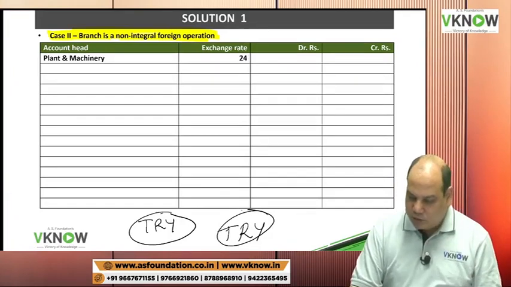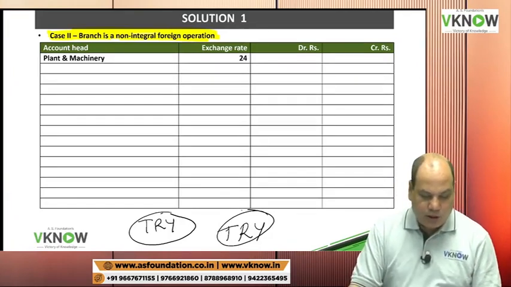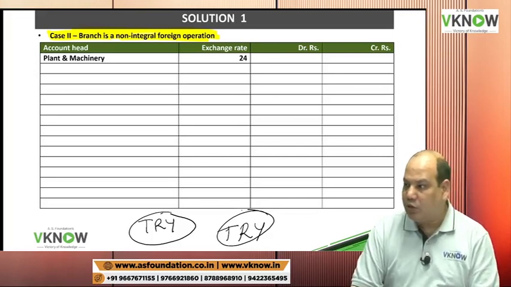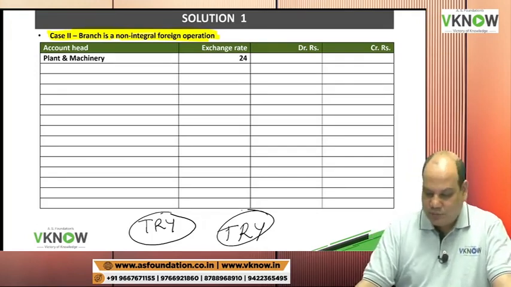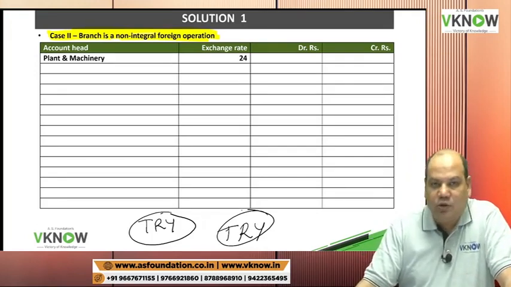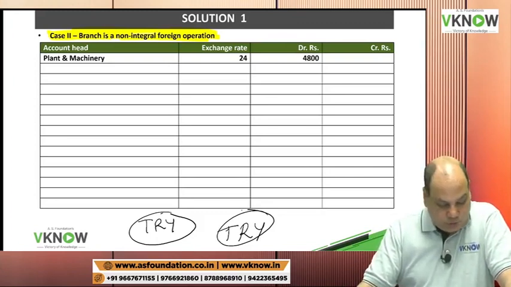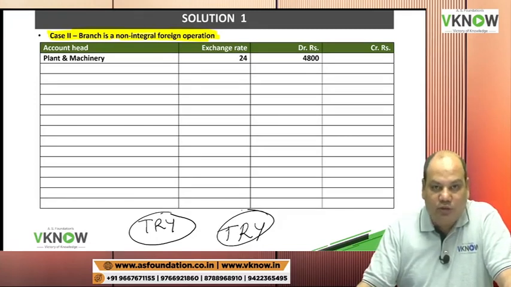So now what we'll do, this plant and machinery will also be valued at closing rate. So you will take 200 into 24 now. It is non-integral.